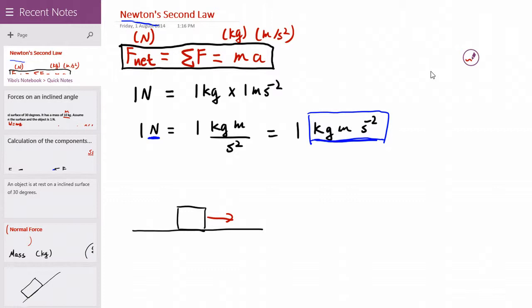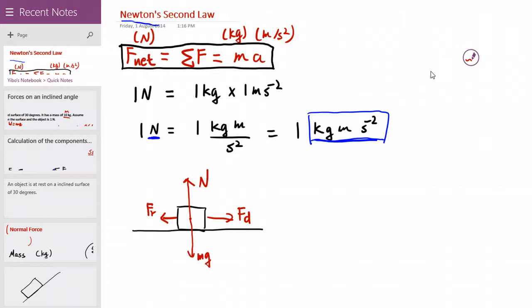When drawing the free body diagram, I need to draw the driving force, which is 5, and a friction force, which is 2. I have a weight force acting on it, mass times gravity, and a normal force acting upwards.